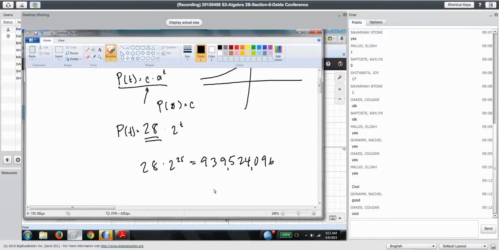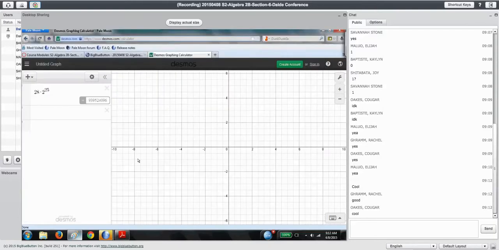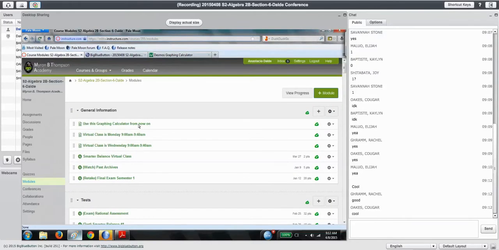All right. Now, here's the question. To be honest with you, I don't know the easiest way to go about doing this. I actually want to show you using the calculator that you're going to be given on your test. So let's use this calculator and see if we can get to this.